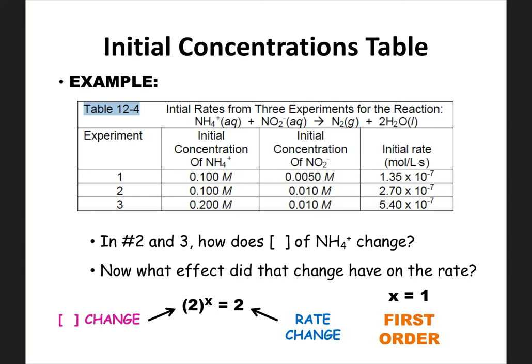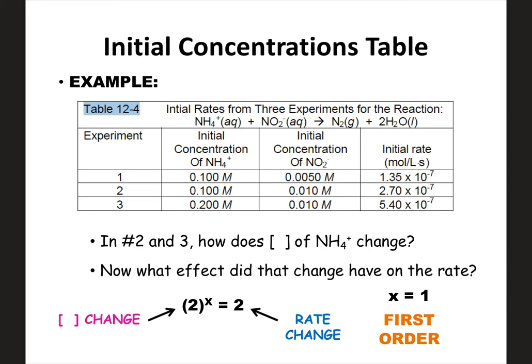All right. And again, the K's would cancel because you're not changing the temperature, and because you're picking experiments in which the concentration of NO2 minus are the same, they would cancel as well. So when you set this up, your rates here, when you divide those, you get 2. And when you divide the concentrations, you get 2 as well.